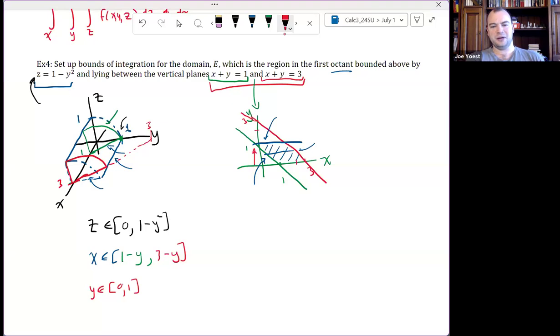So I think z and y were pretty easy to do here, but x was challenging, and particularly once we had to look at the x and y region, figuring out which way to go. It makes a lot more sense for this domain to integrate in this order. So y is going to have to be on the outside.